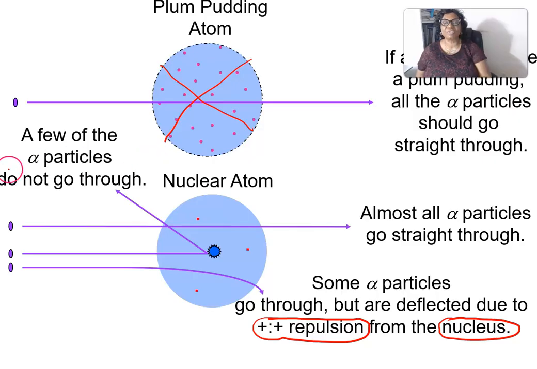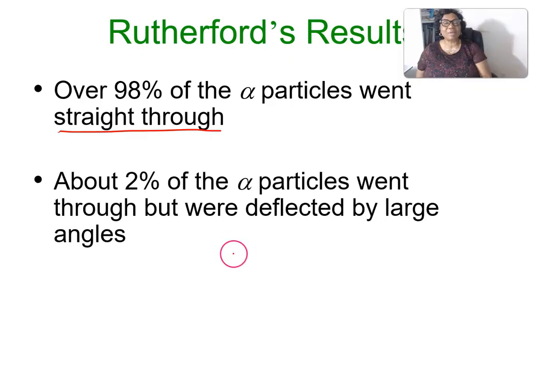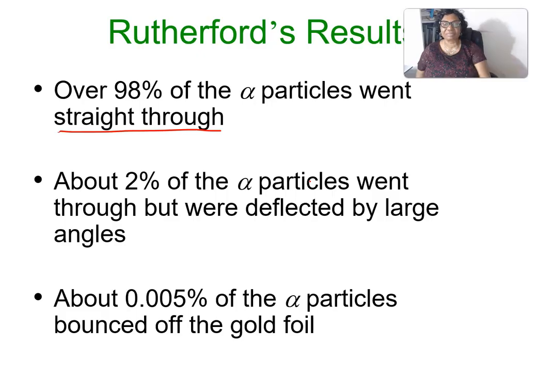A few of the particles do not go through. From Rutherford's result, over 98% of alpha particles went straight through. But about 2% of alpha particles went through but got deflected by large angles. And about 0.015% of the alpha particles bounced off the gold foil.